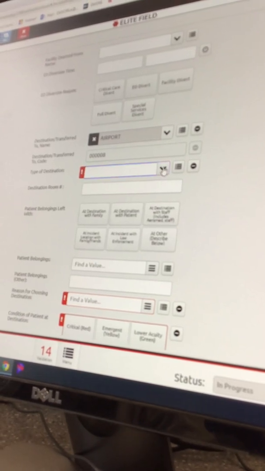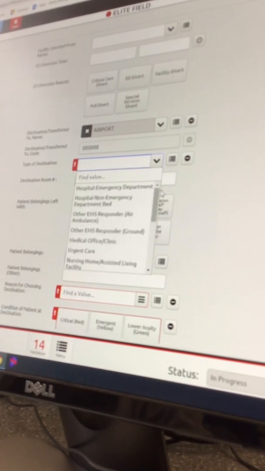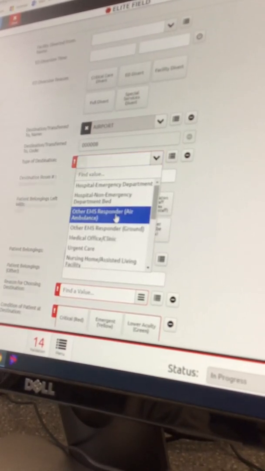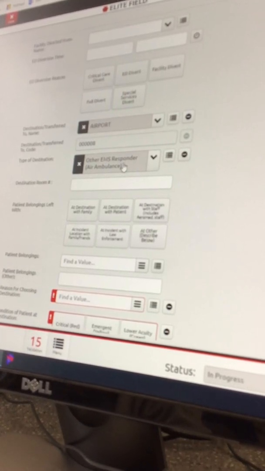Type of destination. This is going to be other EMS responder, air ambulance.